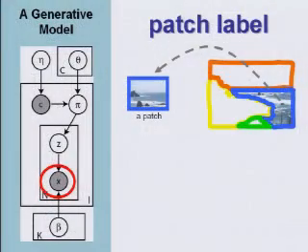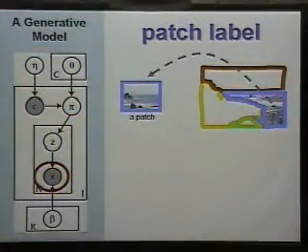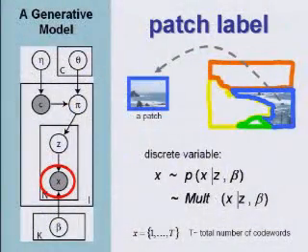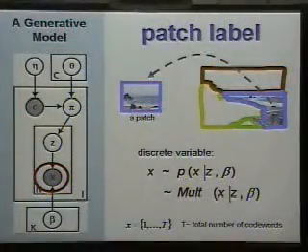Now we can look at, given the blue topic, out of the code word distribution, which patch can we generate? And okay, we draw this particular one. Again, this is a discrete variable, and for every topic we have a distribution of the code words.